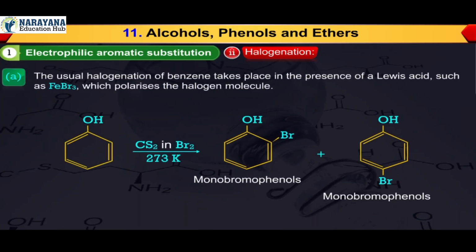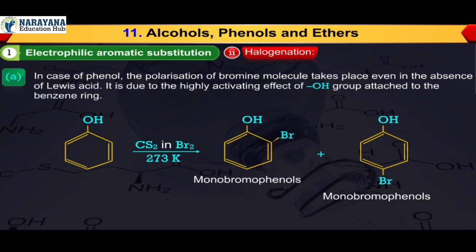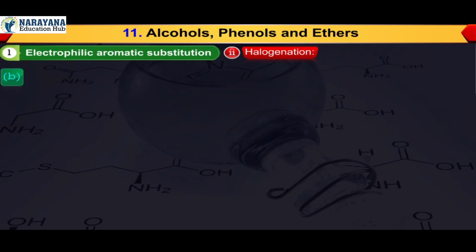The usual halogenation of benzene takes place in the presence of a Lewis acid such as FeBr3, which polarizes the halogen molecule. In case of phenol, the polarization of the bromine molecule takes place even in the absence of Lewis acid. It is due to the highly activating effect of the OH group attached to the benzene ring.